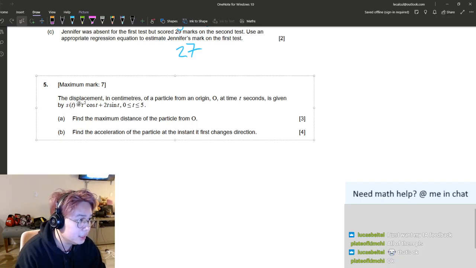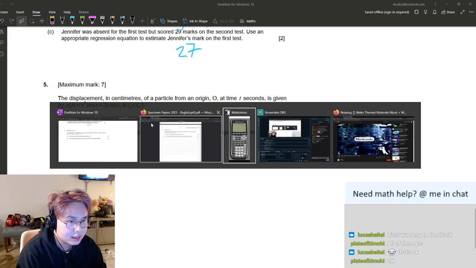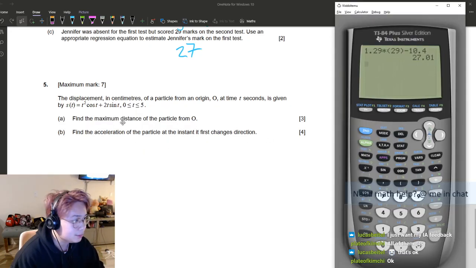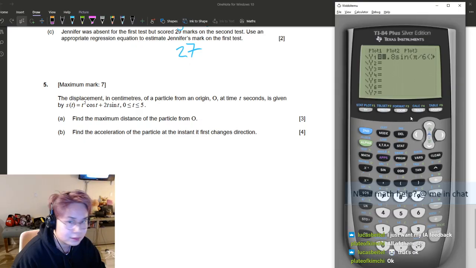So we have a displacement, and then we want to find the maximum distance from the origin. So what we can do is graph this and then find the minimum and or maximum value of the function. So this is x squared cosine x plus 2x sine x.